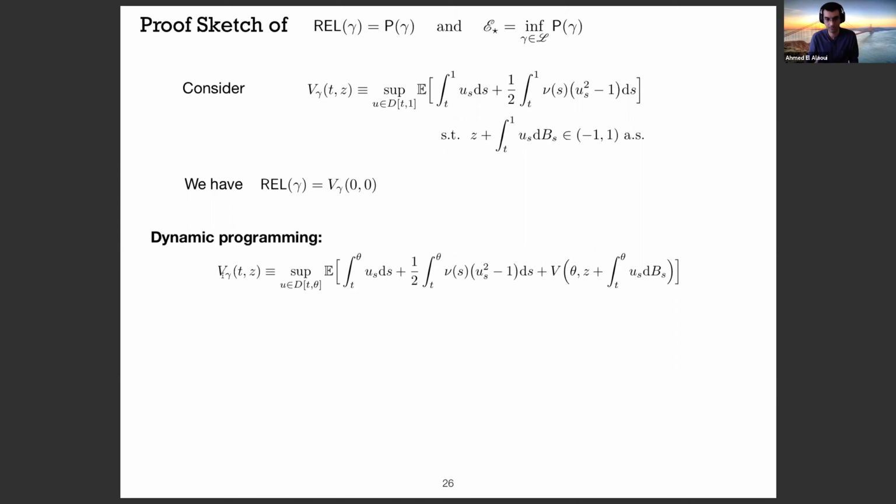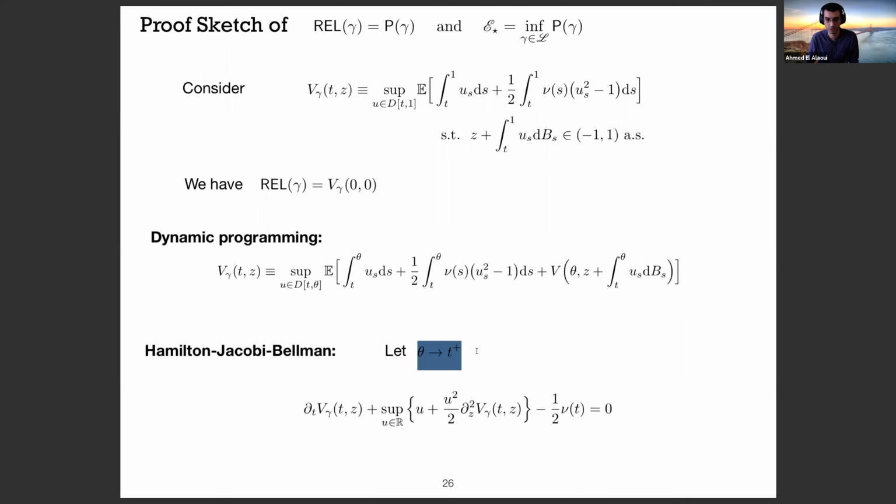And it turns out that V will satisfy a dynamic programming equation that will look like this. So you have these two terms from t to theta, but this constraint is absorbed in a new function V that is evaluated at time theta, and then the time parameter is theta, and the space parameter is V, plus the integral of this thing from t to theta.